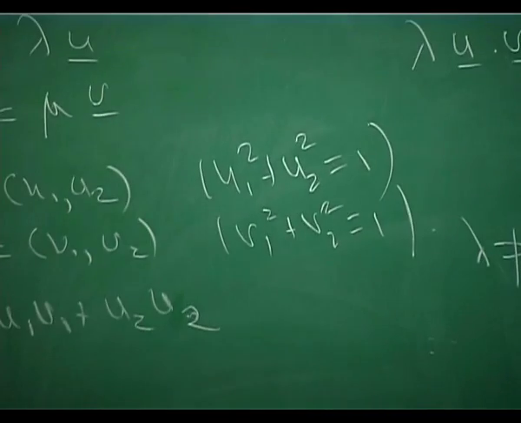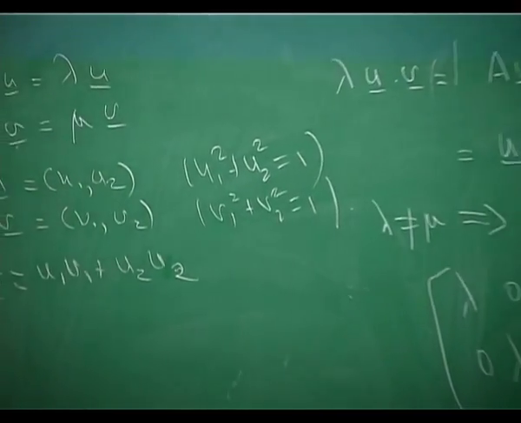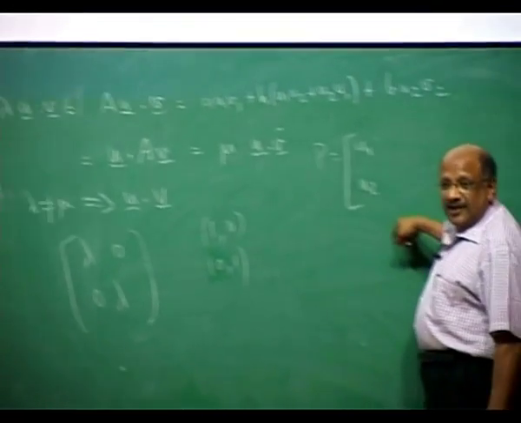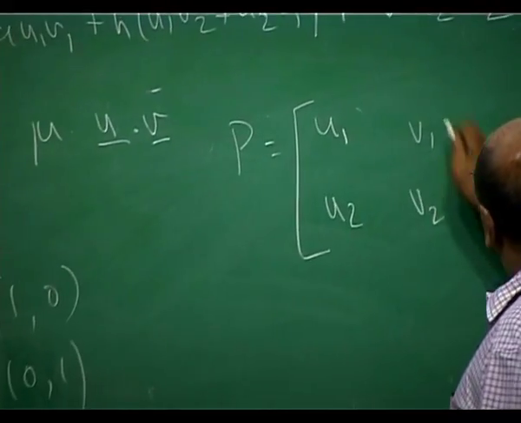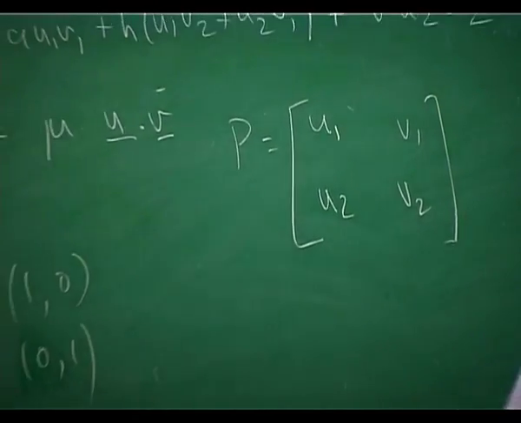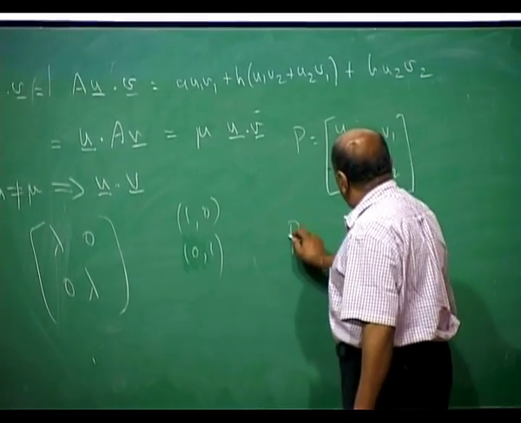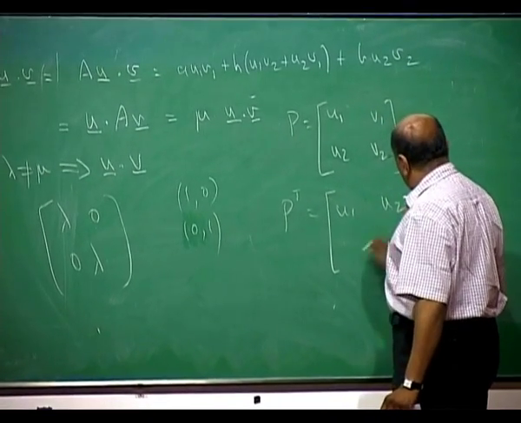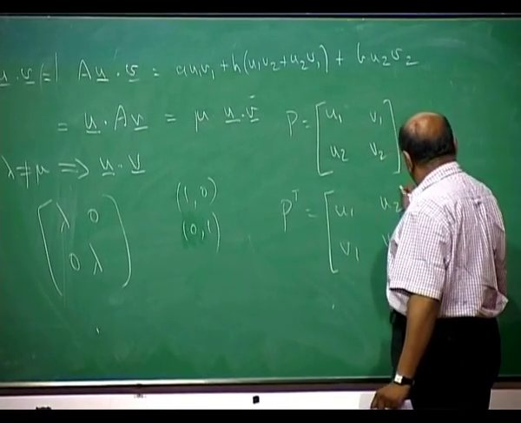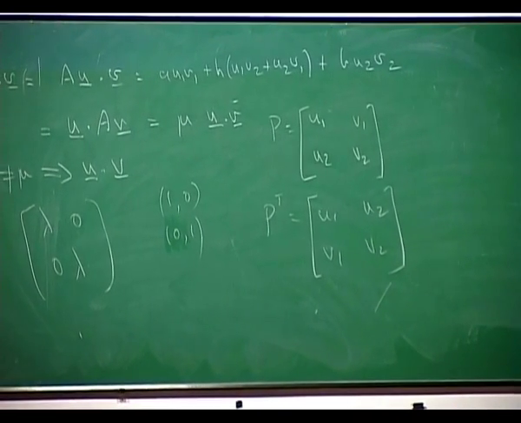Now let me define the matrix P as U1 U2. I put the first eigenvector in the first column and V1 V2 in the second column. And then what is P transpose? This is U1 U2 in the first row, V1 V2 in the second row.